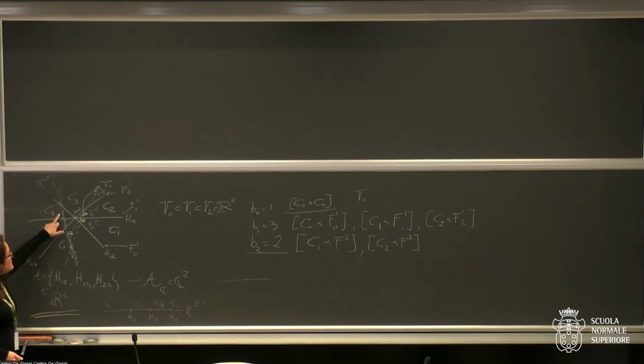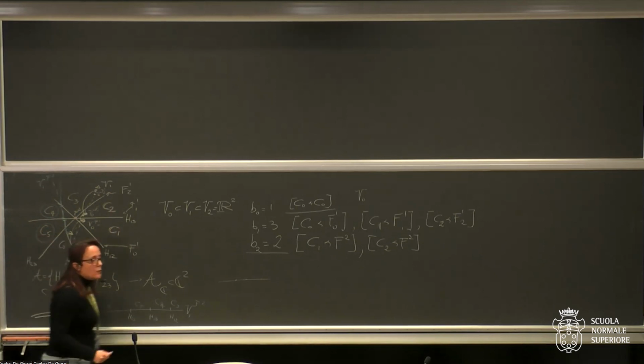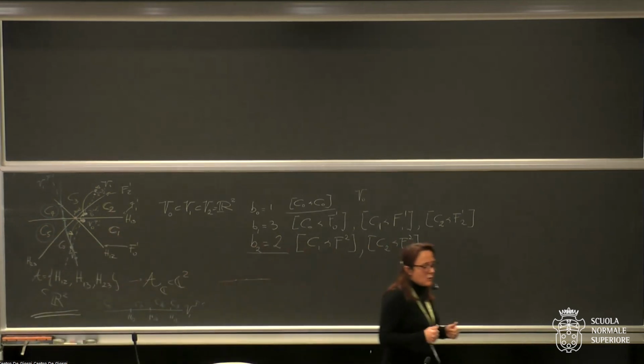C4 is this one. So at this point, how do we collapse it? The collapsing is easy to see in this case. The green ones are collapsed.